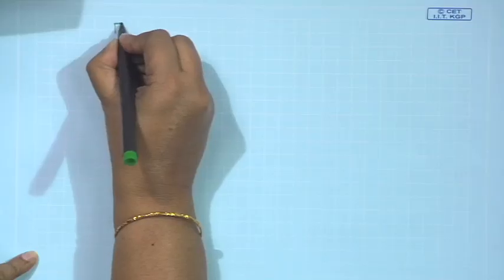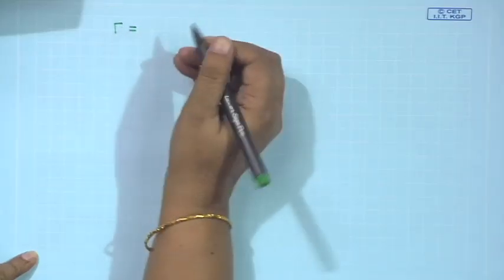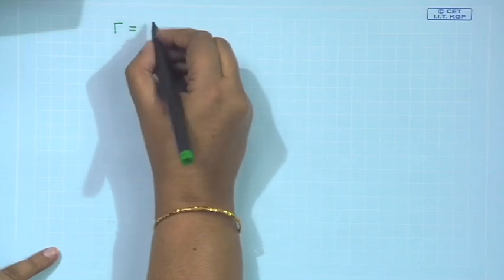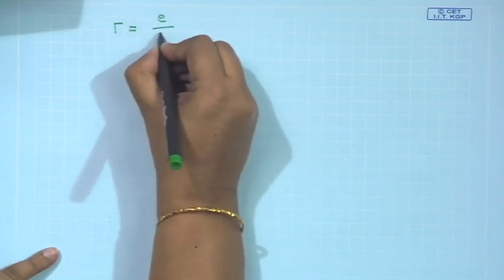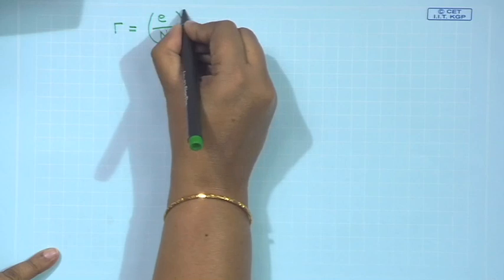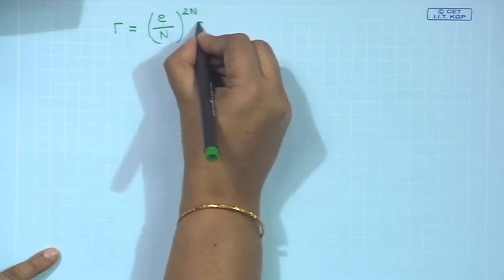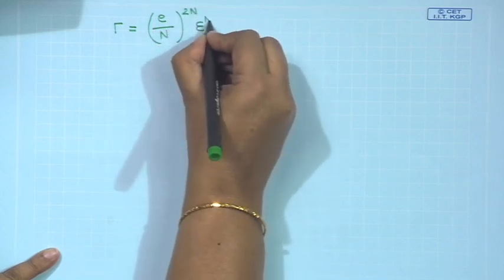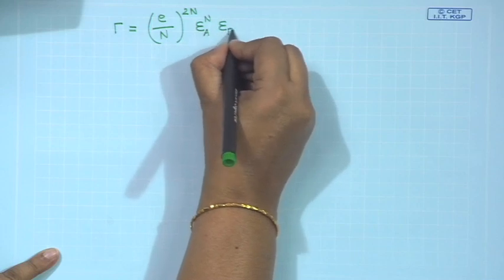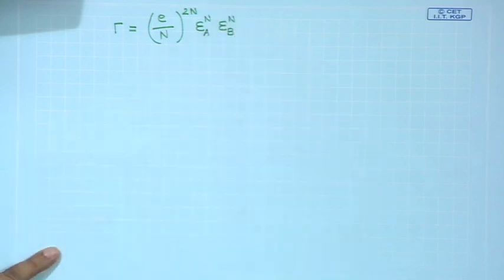We have already seen that in such a case the number of microscopic states is going to be given by e by n to the power of 2n into epsilon A to the power of n into epsilon B to the power of n.